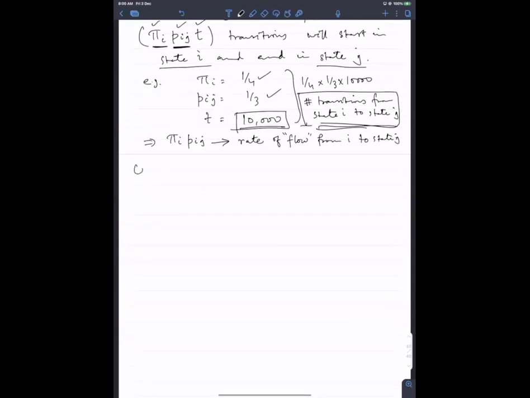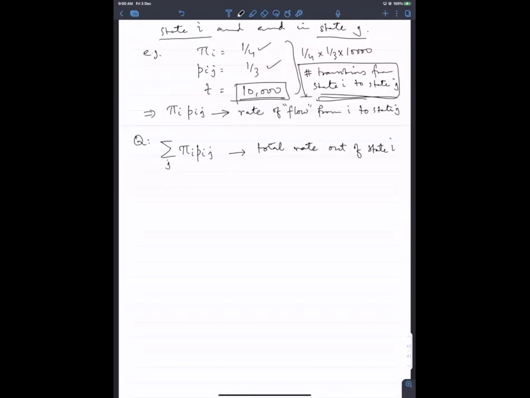Okay. So I'm going to ask this question. Pi I Pij, and if I sum this up over all j, is the total rate out of state I. So pi I Pi1 is the rate out of I into state 1, then I to 2, and then I to 3, I to 4, I to j, and so this is the total rate out from state I. So if you have state I here, arrows are going this way, this way, this way, this way.